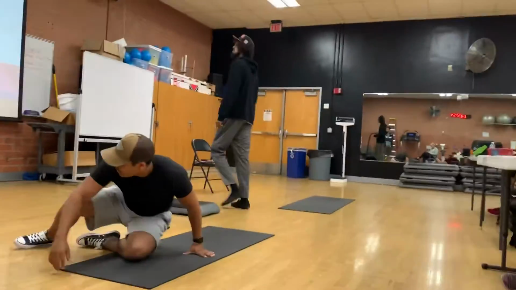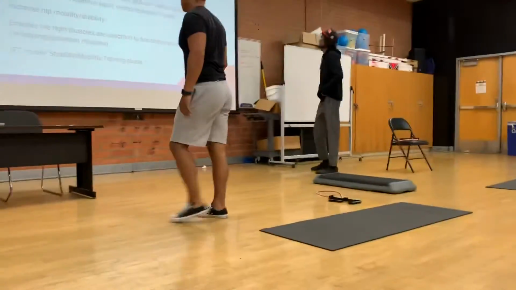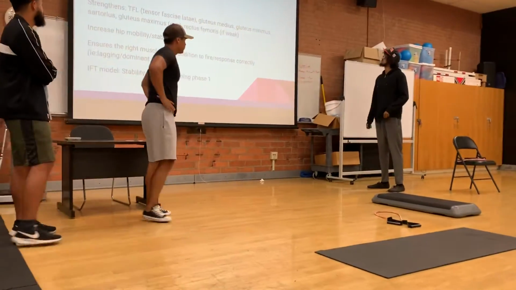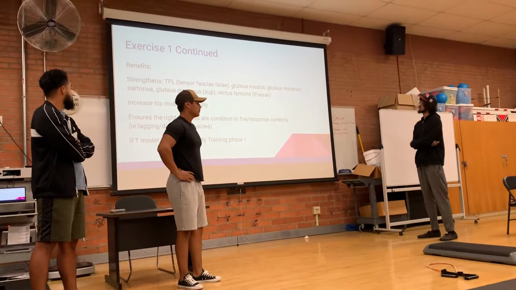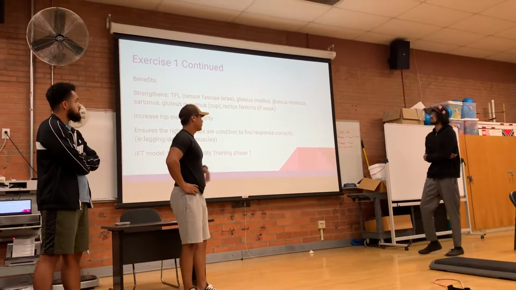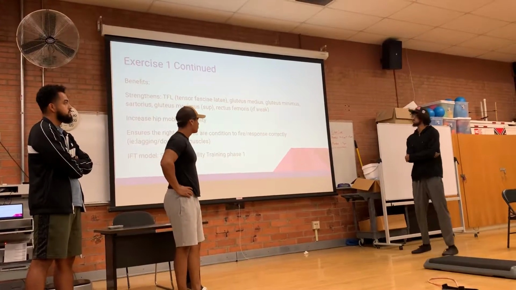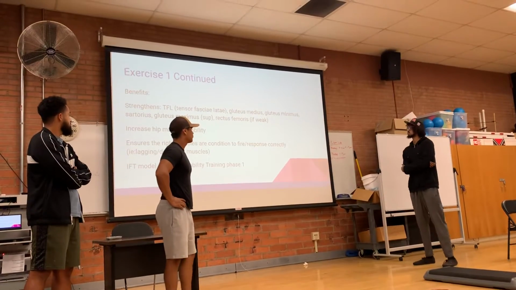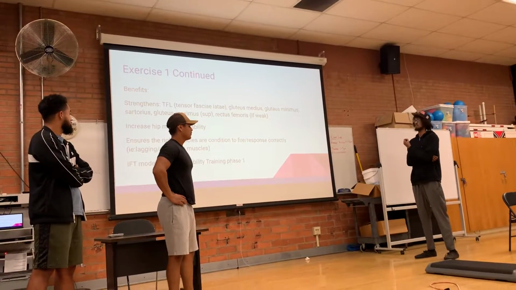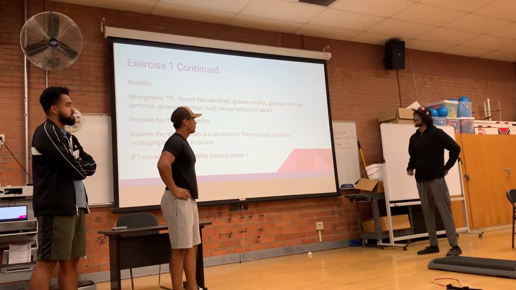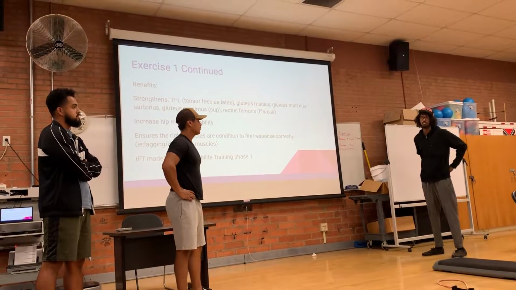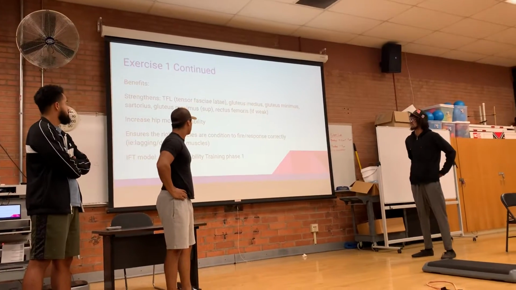The benefits are the strengthening of the TFL, glute medius, glute minimus, sartorius, glute maximus, and rectus femoris. It increases hip mobility and stability within the hips, and ensures the right muscles are conditioned to fire at the right response time, so there won't be any lagging or dormant muscles, because usually people have dormant glutes, the general population actually.